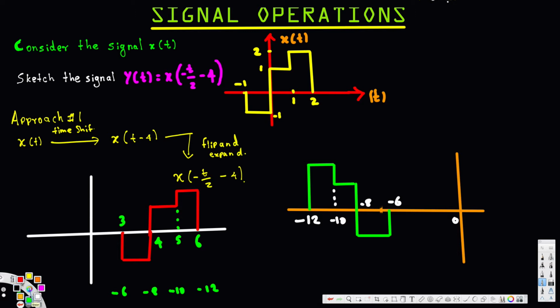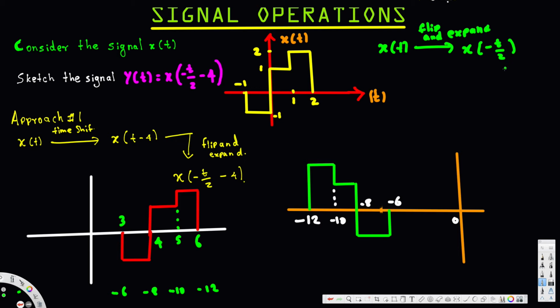The other method is basically that first we do the flip and expand. So we go from x of t, first flip and expand. Flip and expand is basically x of negative t by 2.